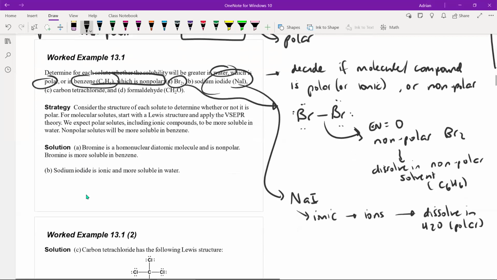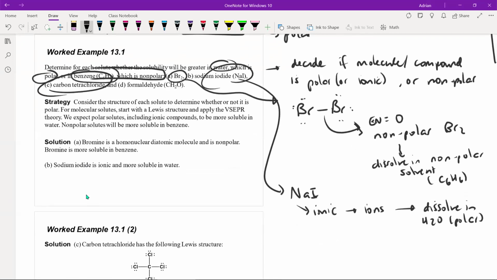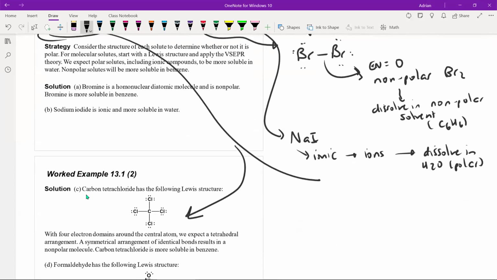If I take a look at carbon tetrachloride, CCl4, you draw the Lewis structure for it, right? And again, this is an acceptable Lewis structure, but it actually looks like this in 3 dimensions. So carbon is surrounded by 4 chlorines in that tetrahedral shape. Well, we know the C-Cl bond is polar, but we have 4 of them, and they all cancel out.